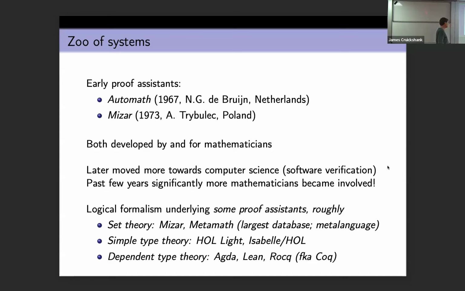And then you get into proof assistants like Agda, also Lean, and Rocq, formerly known as Coq. They're really different logical foundations, but let's say Lean and Rocq are very close.